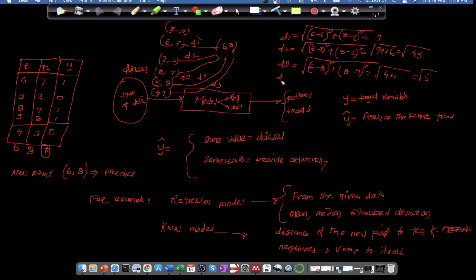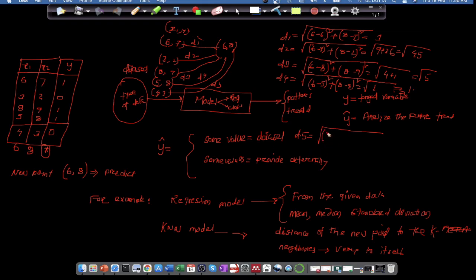d4 is equal to the square root of (6 minus 5) whole square plus (8 minus 8) whole square, which is equal to the square root of 1, which is equal to 1. And the last point, d5: 4 and 3.